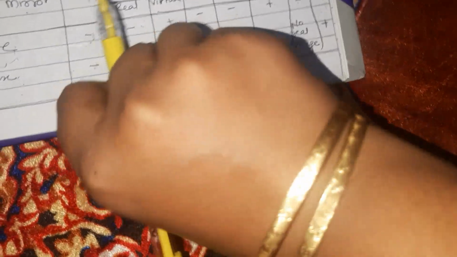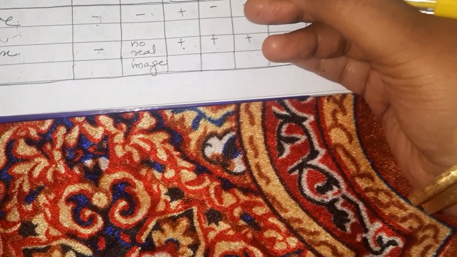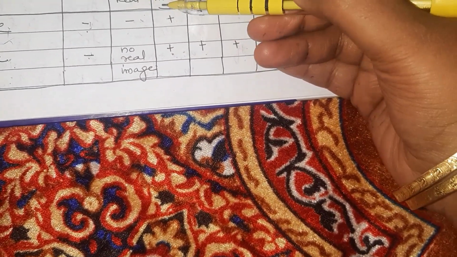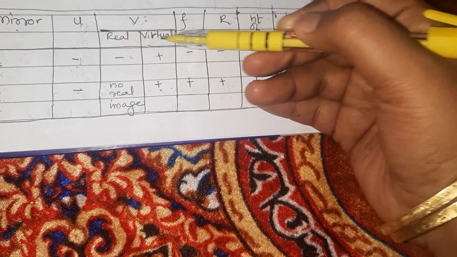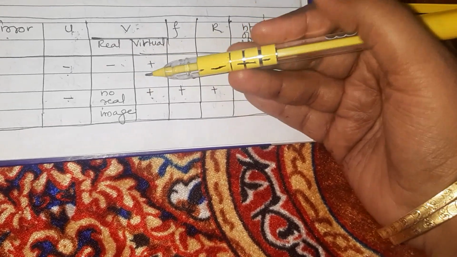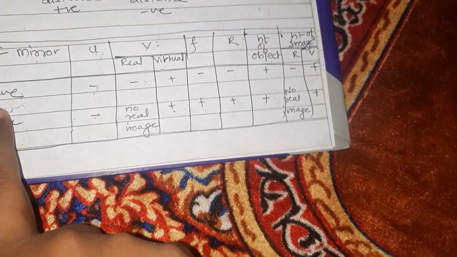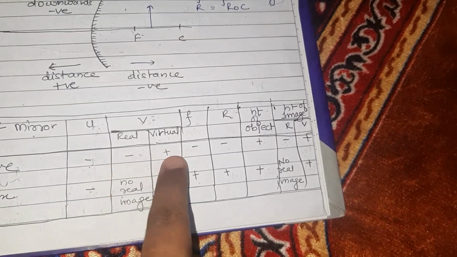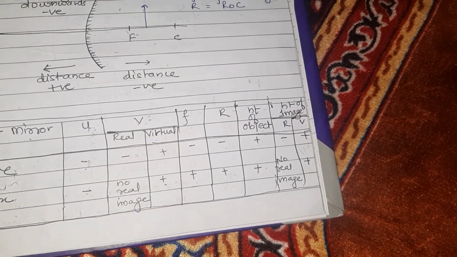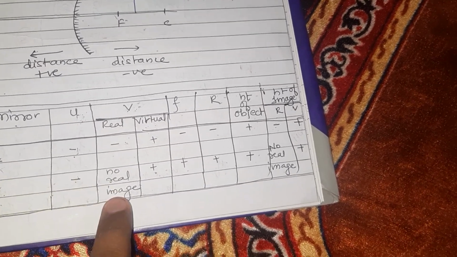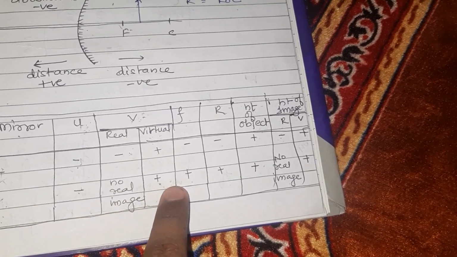Now you can see over here, for the image I have made two more columns, real and virtual. We know that images are of two types, real and virtual. In the case of concave, we have two types of images, real and virtual. Whereas in the case of convex, we don't have any real image, we have only virtual image.